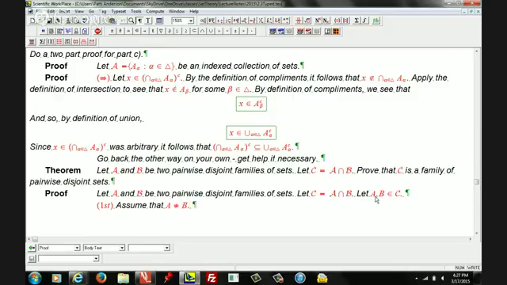What do I know about A and B? I know A and B live in our set C, right? And what is set C defined to be? A intersected with B, our capital. Do you guys not like these being A and B?